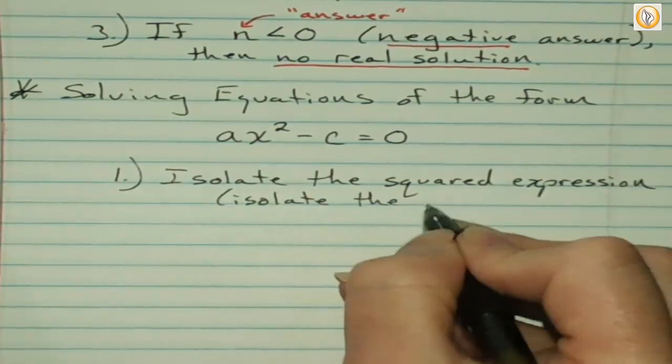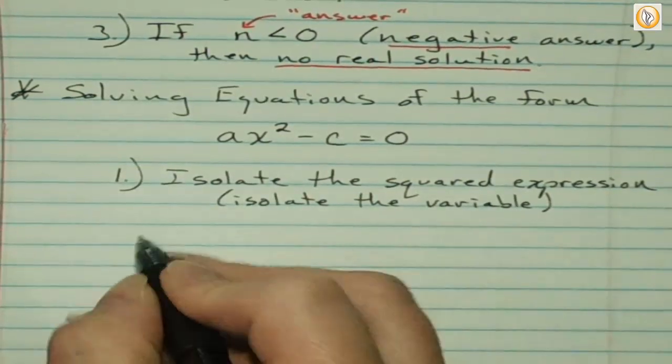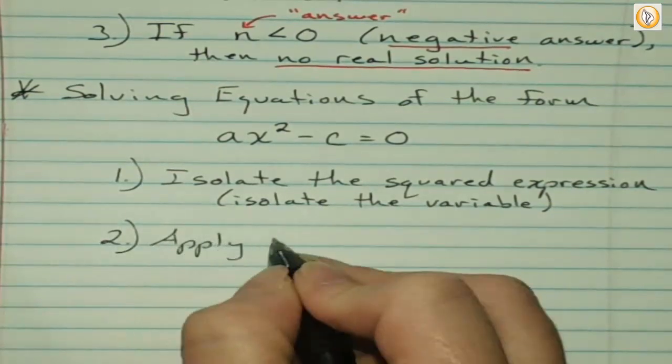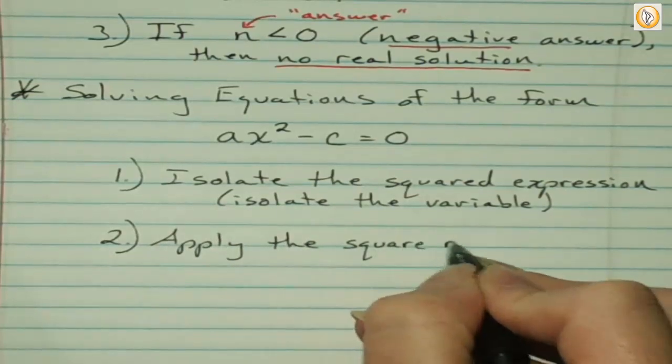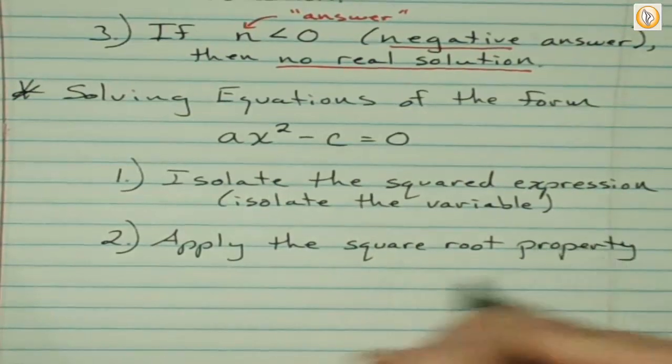Isolate the variable. Step 2. Apply the square root property.